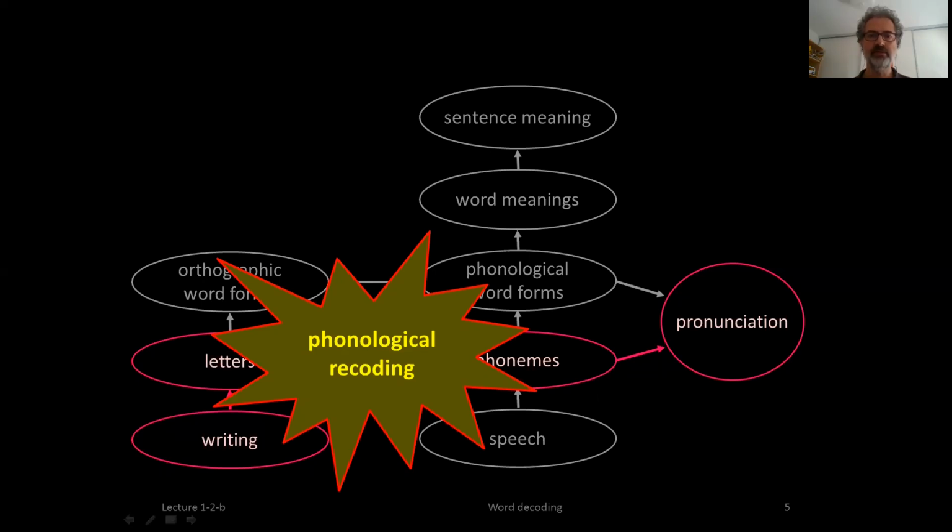We are using pseudowords to demonstrate that it works because pseudowords can only go this way. But phonological recoding is used for everything, or at least can be used for everything. You can read known words letter by letter. And indeed, beginner readers can only read letter by letter because they haven't learned to recognize all the words yet.